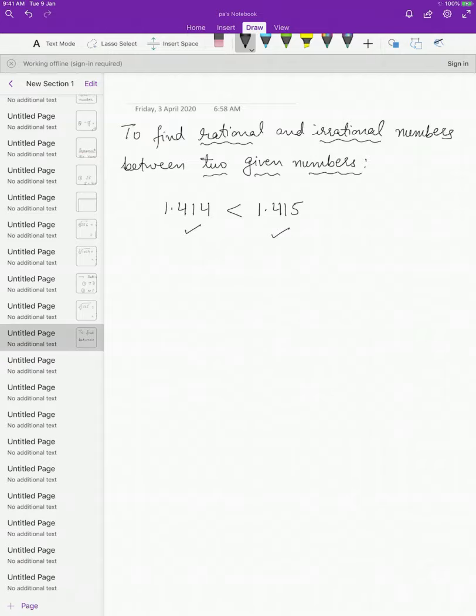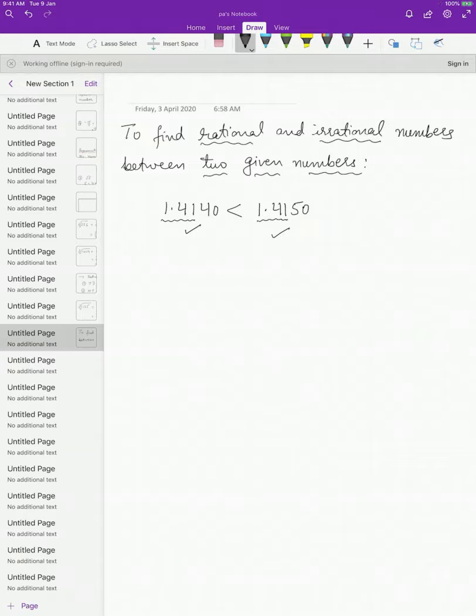First of all, look at the two numbers carefully and see 1.41. Till here, both the numbers are exactly the same. After that, there is a difference. There is a 4, there is 5. So just to increase the gap, I just put 1 0 here and 1 0 here, because after the decimal, at the end of the number, you can put as many zeros as you want. It will not change the number.